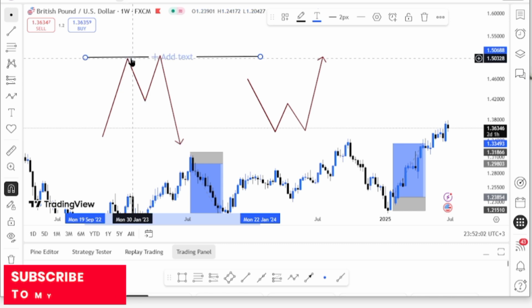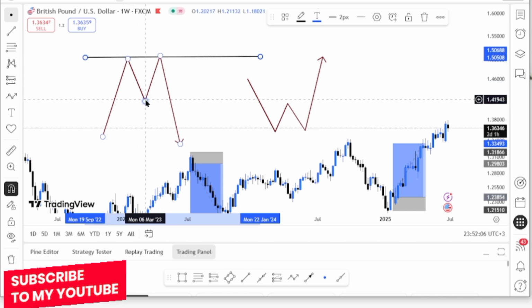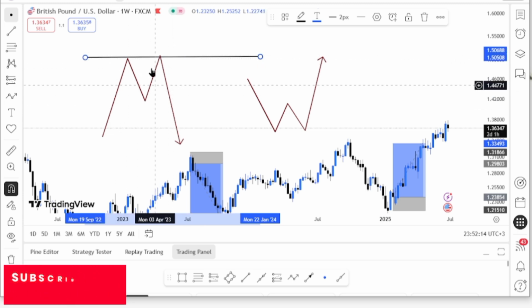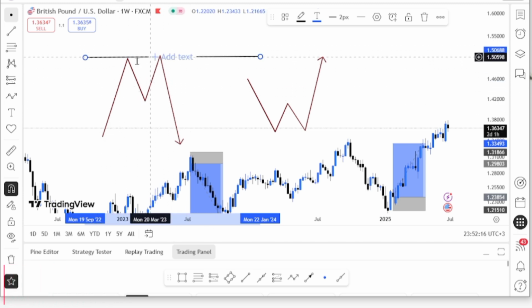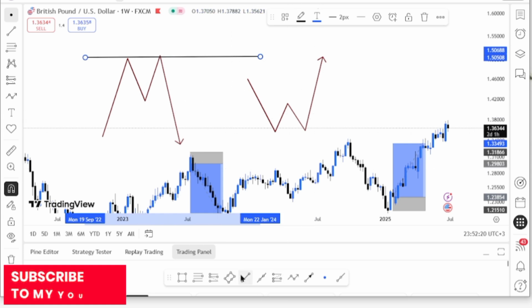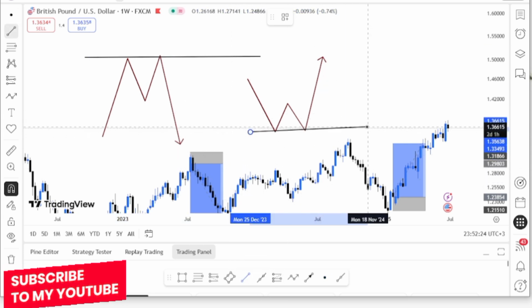The market touched the resistance and came back, then reversed again to touch the resistance a second time. So to confirm, this market has formed a double top because it has reversed from this resistance.